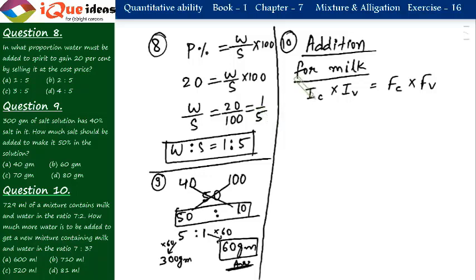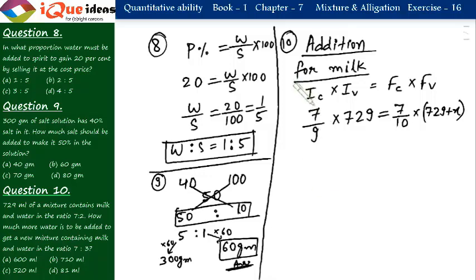So initial concentration for milk will be 7/9 into initial volume 729. Final ratio is 7:3, so final concentration of milk will be 7/10, and final volume will be 729 plus x, where x is the added quantity of water. Suppose we are adding x milliliter of water.